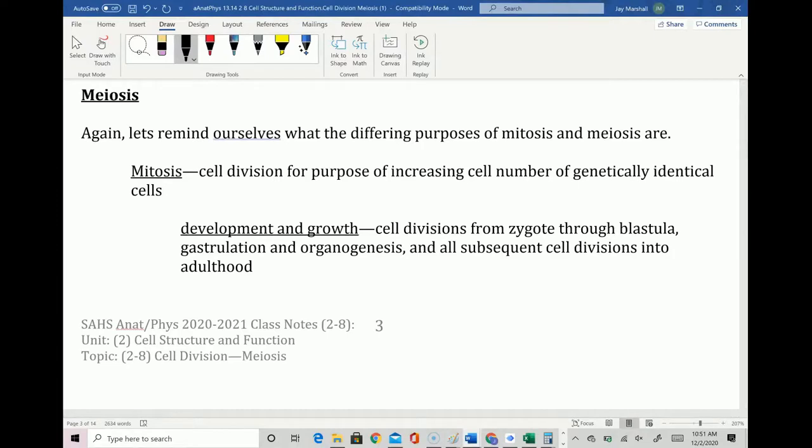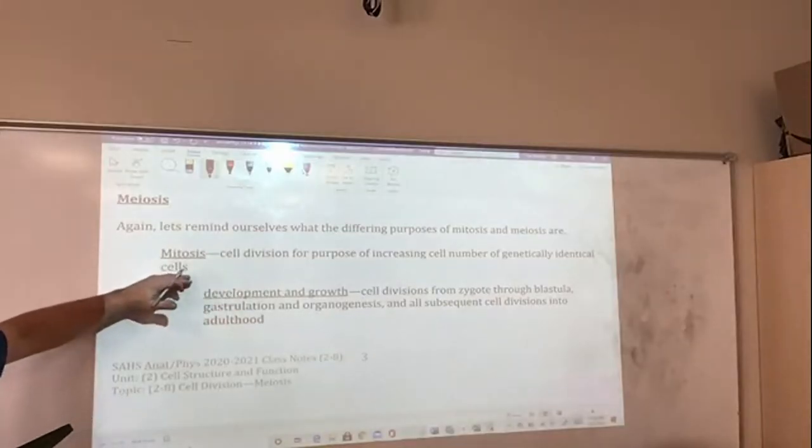Actually, the easiest way to remember everything that's going on regarding cell division, whether it's mitosis versus meiosis, is to partly remember what the purpose of each of those types of cell division is. If I need simply to increase the number of genetically identical cells, I undergo mitosis.